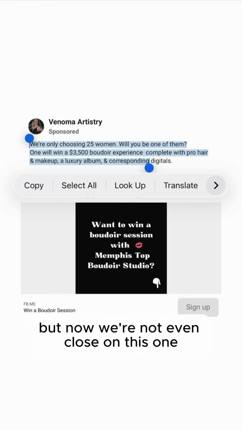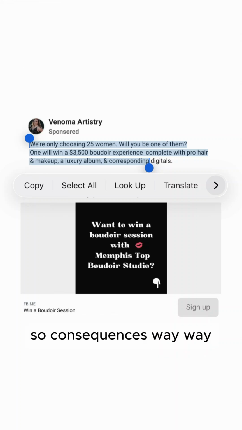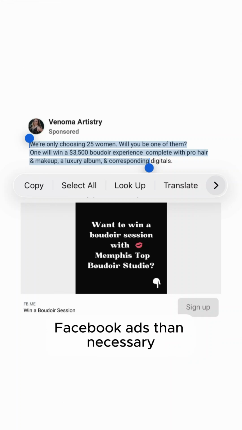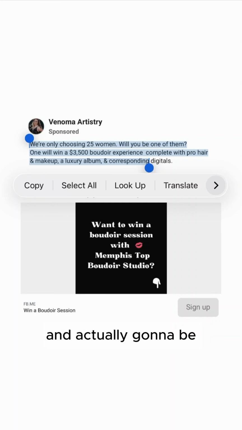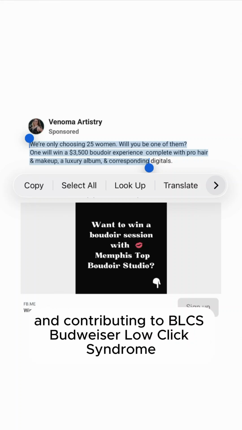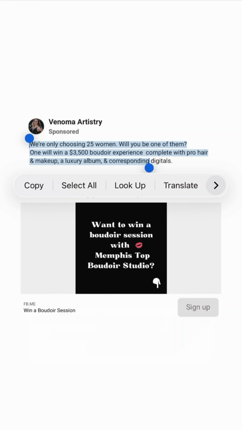But we're not even close on this one. So the consequence: way more women are going to be scrolling by our Boudoir Facebook ads than necessary, basically pulling down our unique CTRL under 6% and contributing to BLCS, Boudoir low click syndrome.